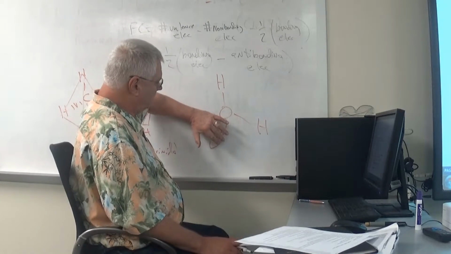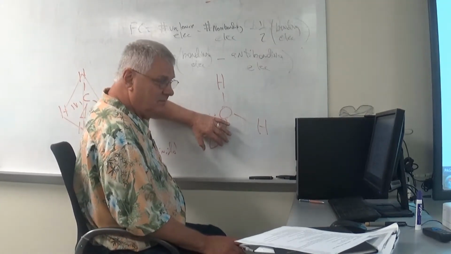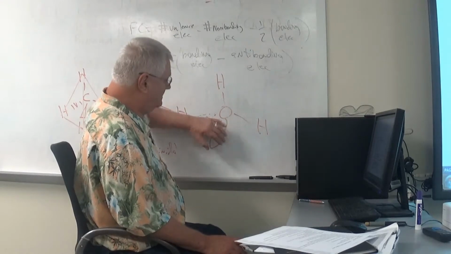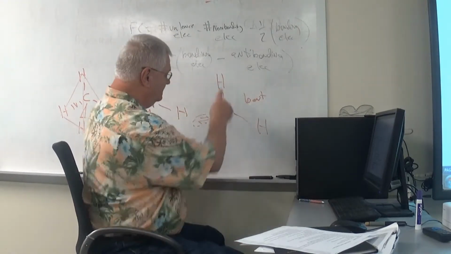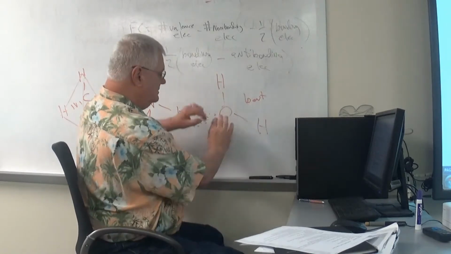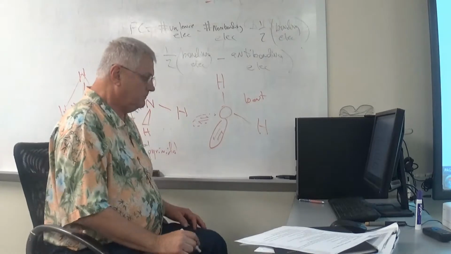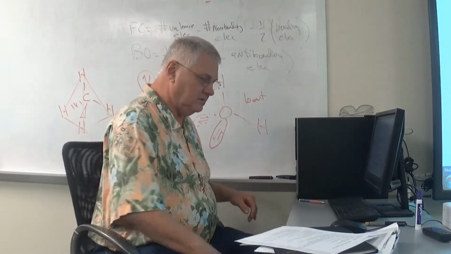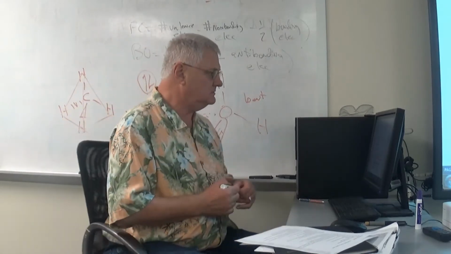But if you ignore the non-bonded pairs, the molecular geometry of water is bent. That's easy to remember, isn't it? It's just right here, the molecule. Everybody see that? Those are the only 3 you kind of have to know of all the thousands of compounds.